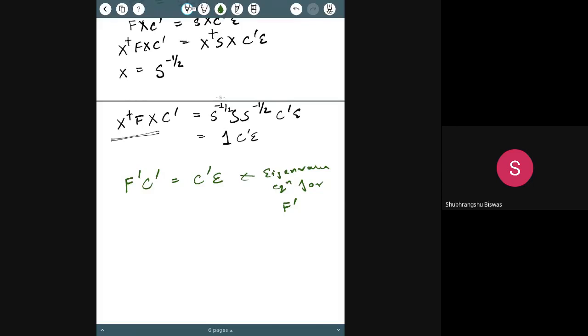Earlier we did not have an eigenvalue equation, but we had the original Fock matrix. Now we have a transformed Fock matrix, but we have an eigenvalue equation. This latter situation is much more beneficial, because if you had FC equal to SCE, we didn't know how to solve it.